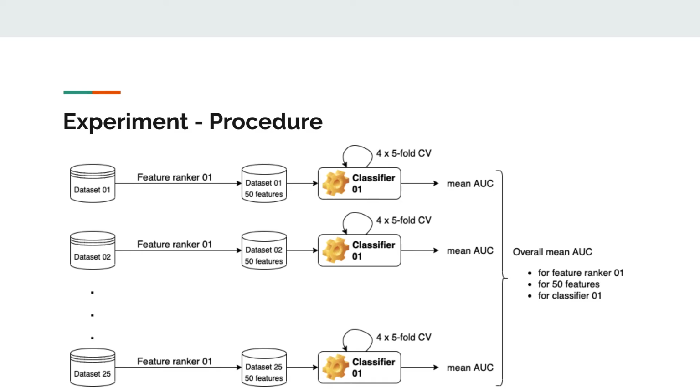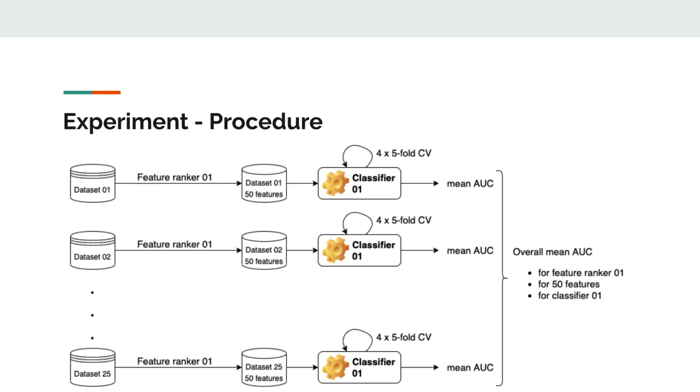The experiment procedure went like this. Say for feature ranker 1, we generate the top 50 features for each of the 25 datasets. We then pass the transformed data to classifier 1, which goes through 4 rounds of 5-fold cross-validation to compute the performance of the model.